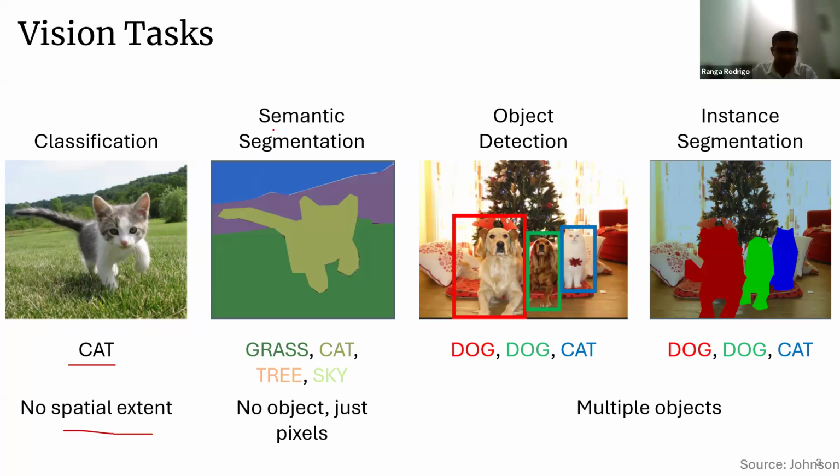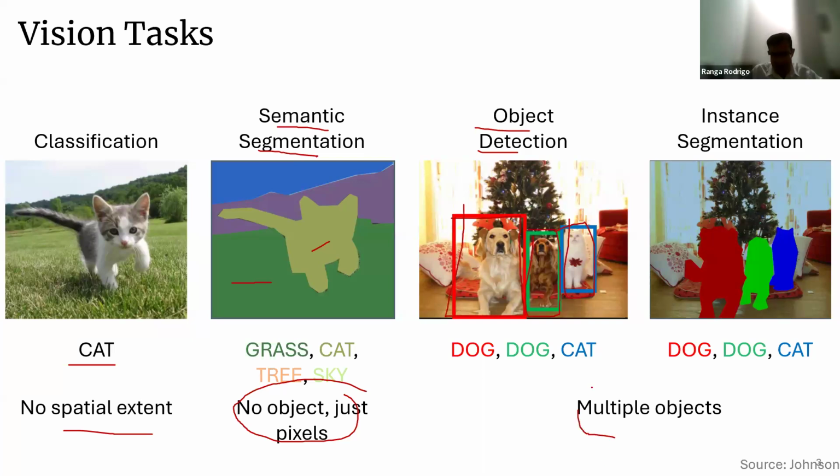But then there is something called semantic segmentation, where each pixel has to be labeled as grass, cat, sky, and so on. So no object, but just pixels. But in object detection, we want to draw a box around each object and give it a label. So dog, dog, and cat. Individual objects are individually identified and bounding boxes are drawn in object detection.